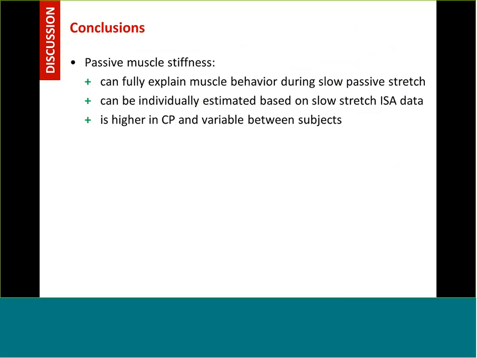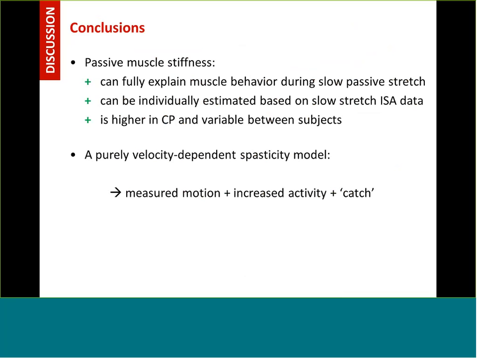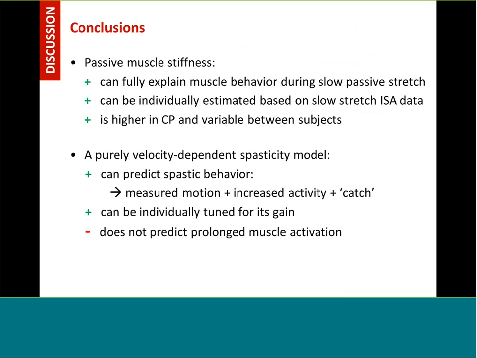So in conclusion, we have already seen that passive muscle stiffness seems to be a good method to model contracture for the hamstrings in TB. We can now also say that our purely velocity-dependent spasticity model seems to predict the behavior of the muscles quite well, as we could quantitatively predict the measured motion, the increased muscle activity, and we also qualitatively observed something that seemed like a catch in the fiber length and velocity, and even a clonus.